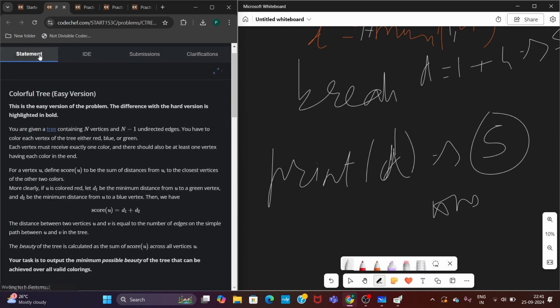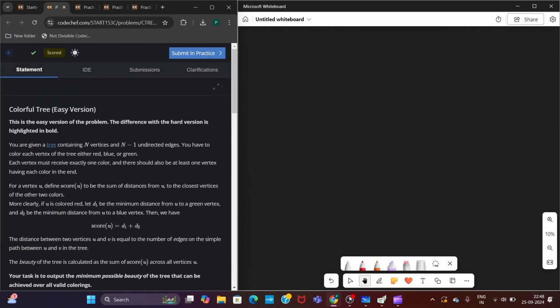Given an easy version, and it is indeed an easy version. Let's discuss. You are given a tree containing n vertices and n minus 1 undirected edges. We have been given the edges of a tree. You have to color each vertex of the tree either red, green, or blue. So it is a game of colors only.